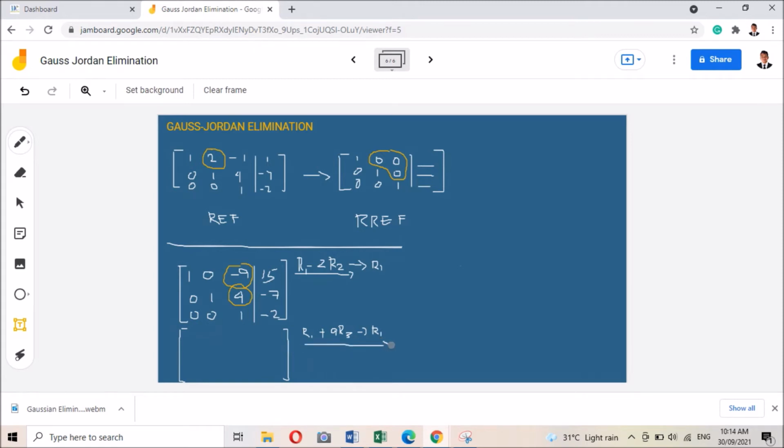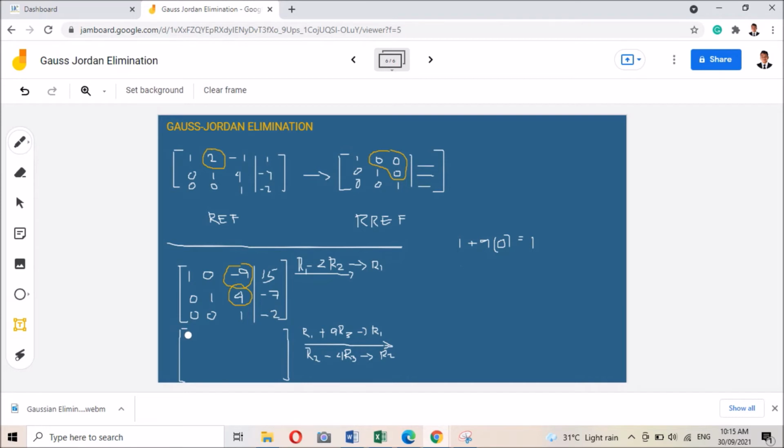And then in row 2, that would be R2 minus 4R3, and we'll put the entries in R2. There. For R1: 1 plus 9 times 0, since R3 is 0 in this column, will give us 1.